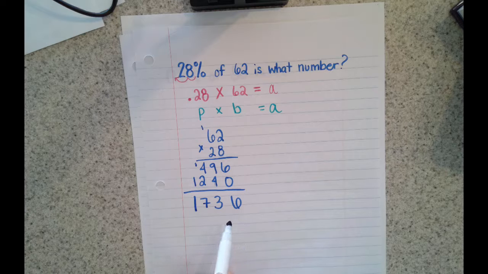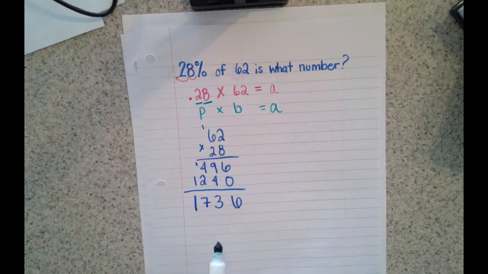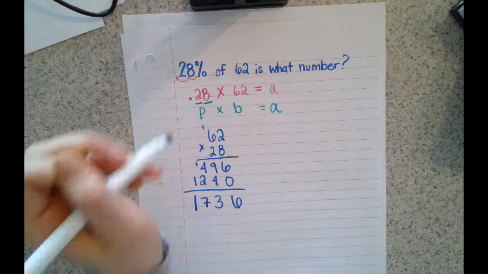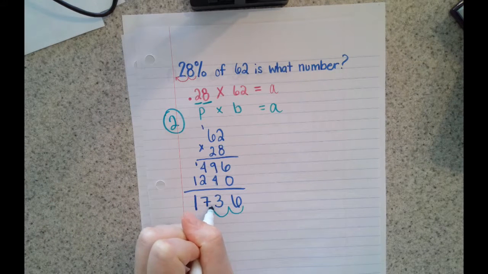Then we have to put the decimal back into this final answer. Looking back at the problem, I've got 2 digits behind the decimal in the first number, no digits behind the decimal in the second number. So total of 2 spaces I need to move. 1, 2.